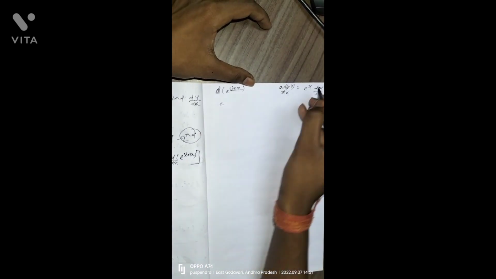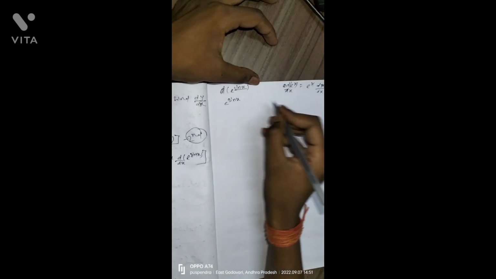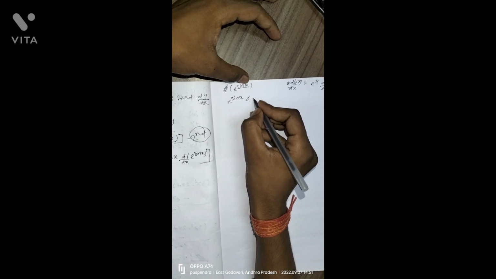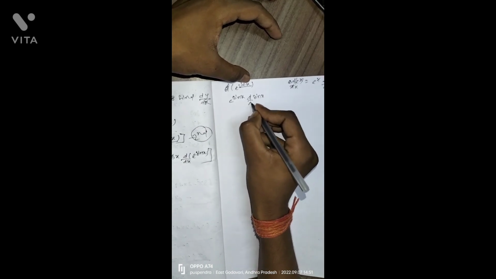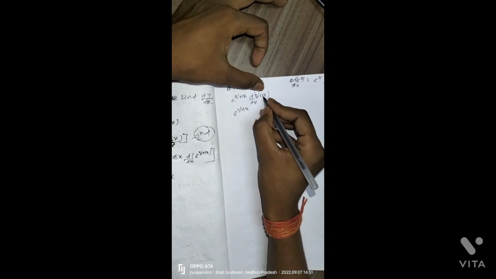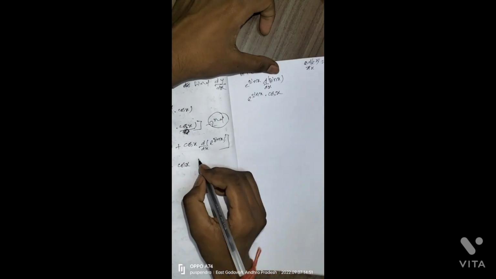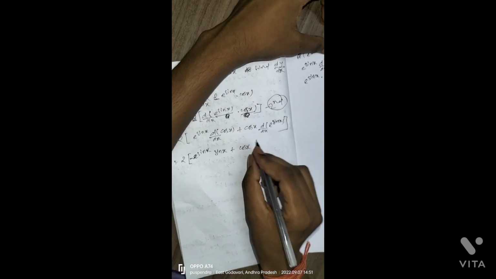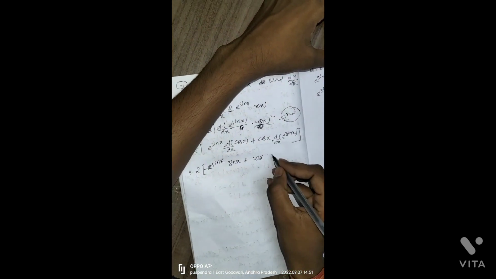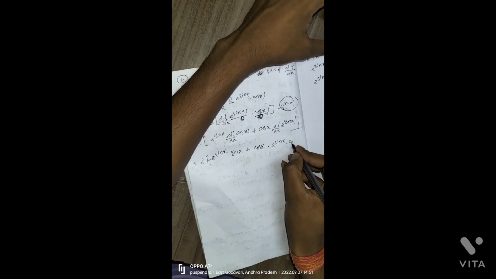So e to the power x means e to the power sin x, times d of sin x upon dx. What is the derivative of sin x? Cos x. So we write here e to the power sin x into cos x.